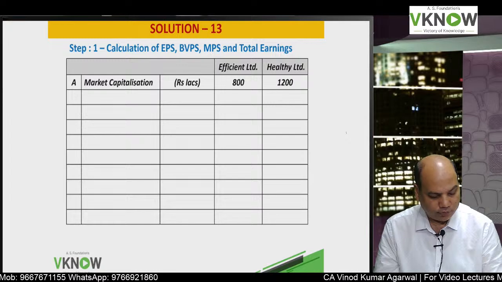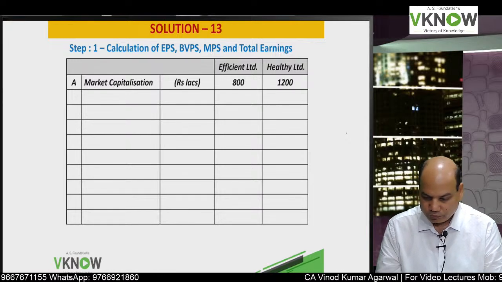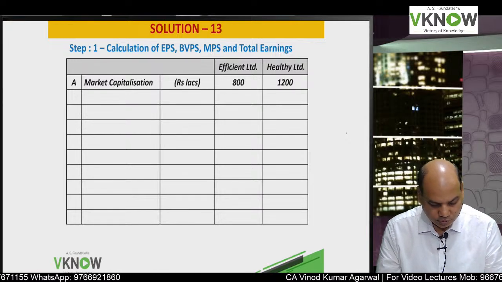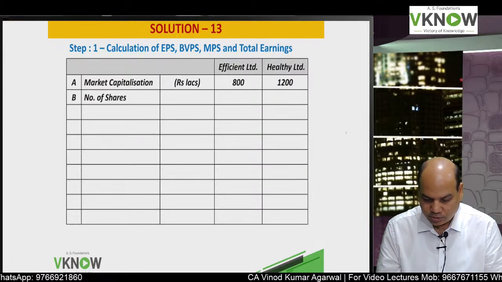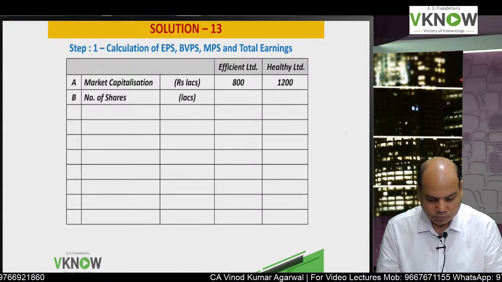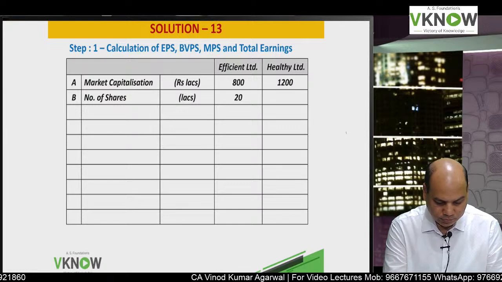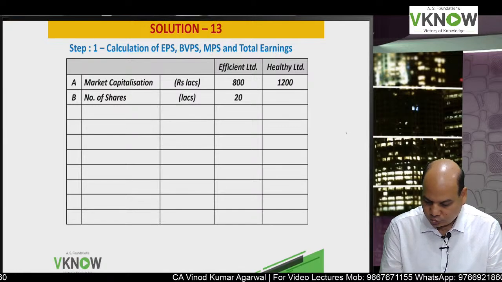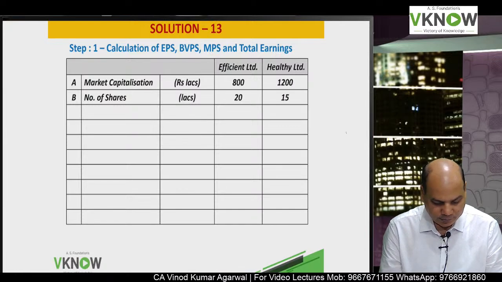Question should be in front of you. 800 and 1200. Point number B, number of shares. Question in front of you, 20 and 15.